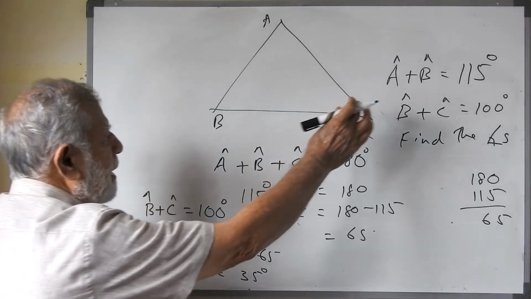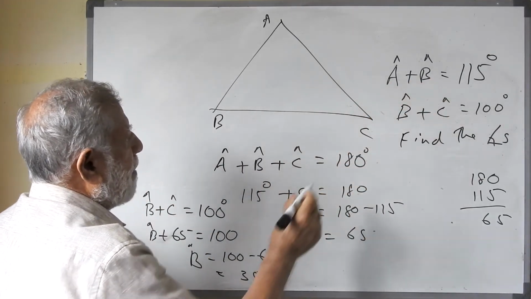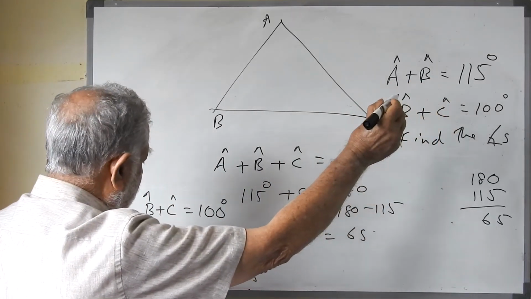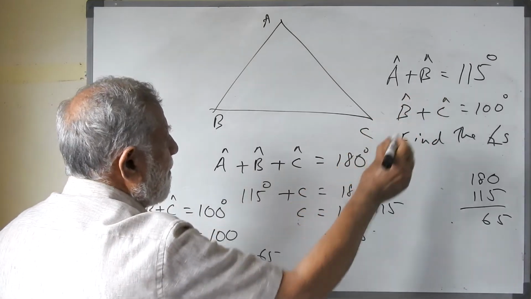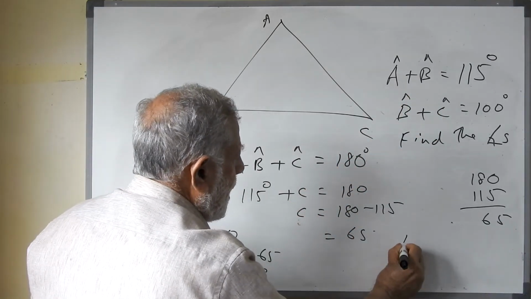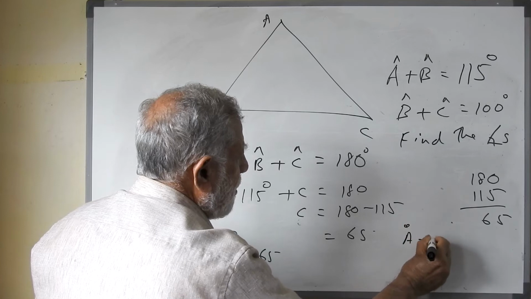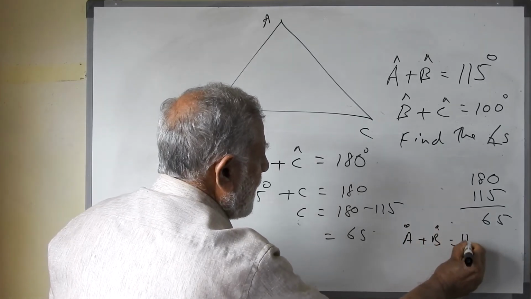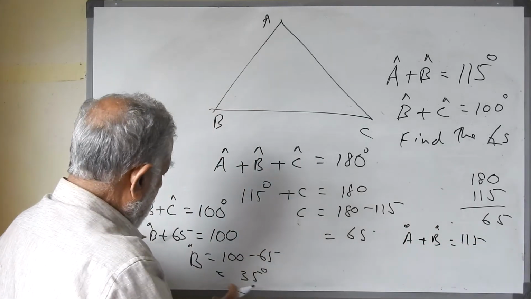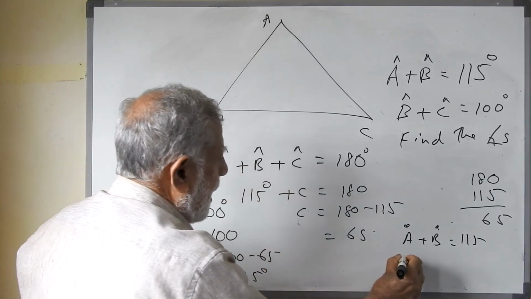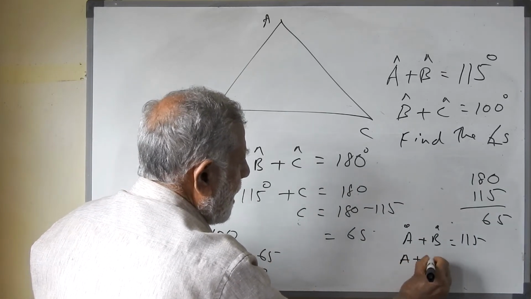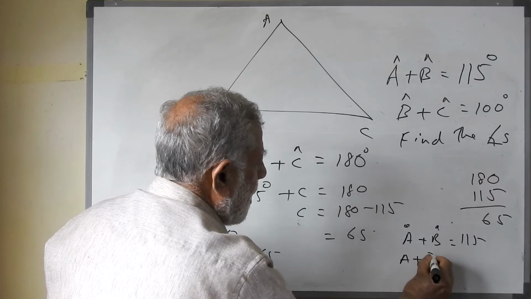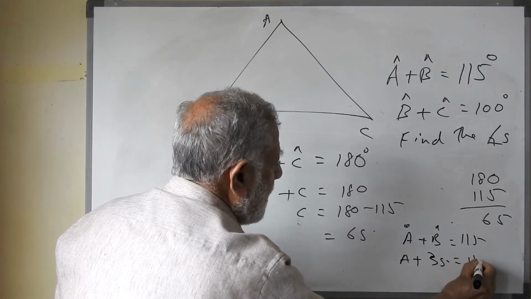So we take another equation like this. A plus B, we have to find out A now. A plus B is 115, and we have got B equal to 35. So A plus 35 is equal to 115.